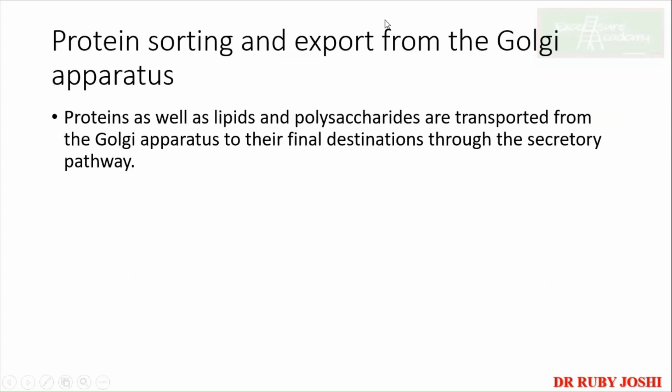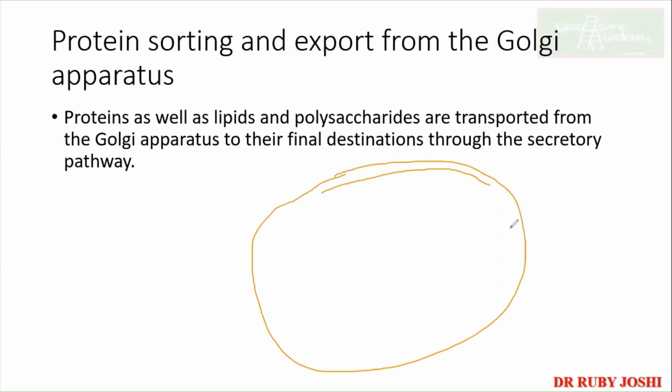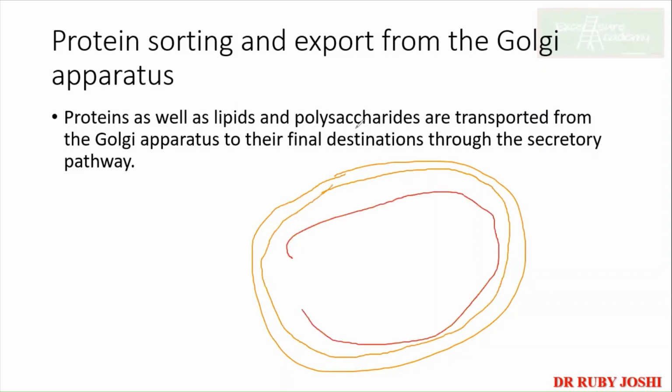Did you get that thing? Able to imagine? I don't have figures given here. So let's say this is the plant cell wall. Then you have the plant membrane. And I'm just drawing only the Golgi here.